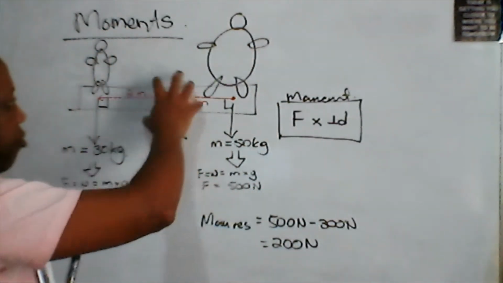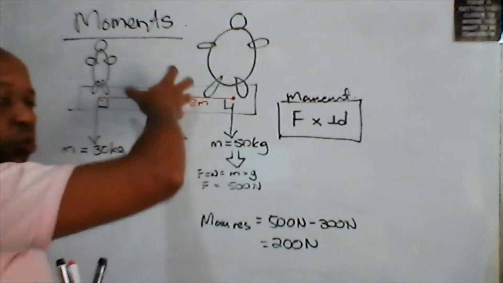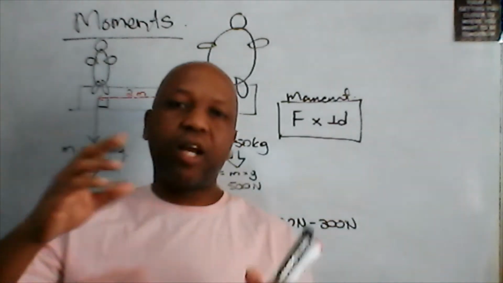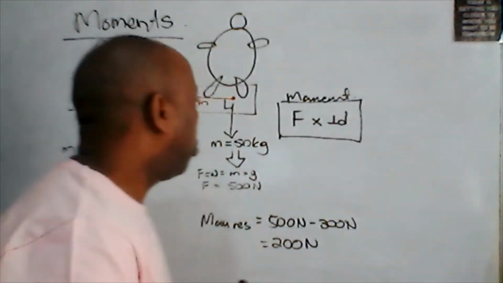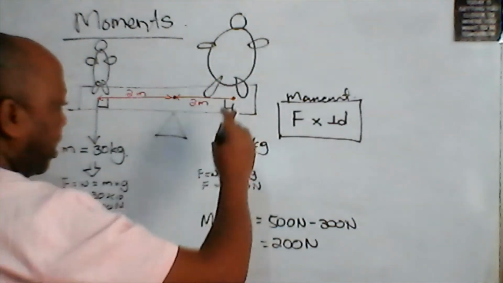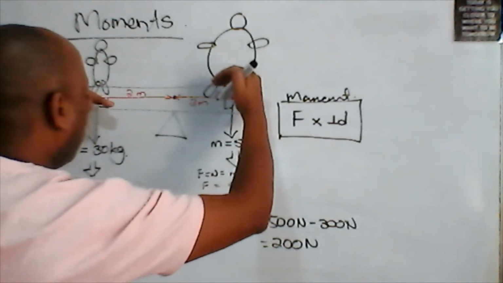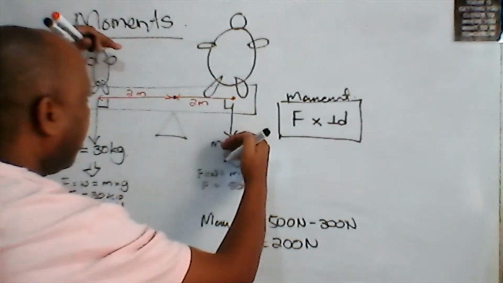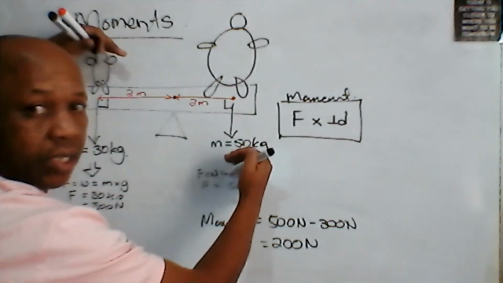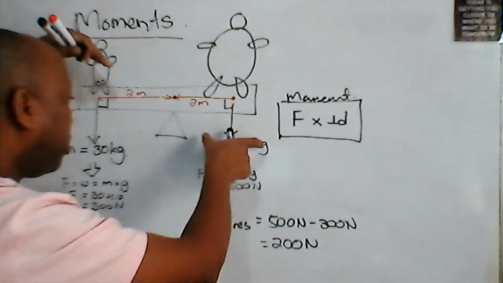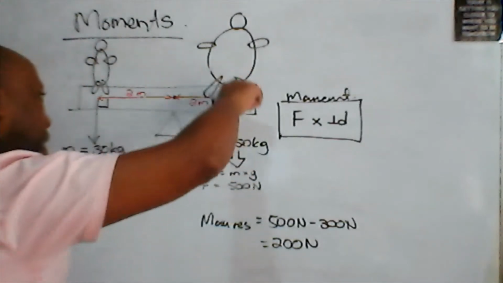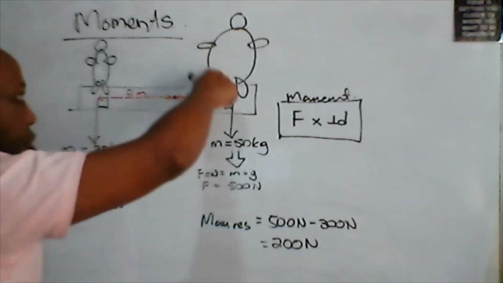Now, because this is a rotating system, we specify this in terms of either clockwise or anti-clockwise. At this point, we can see that the heavier person is going to lift the lighter person up. That imbalance happens because the whole system shifts downwards, and this is the same as clockwise.